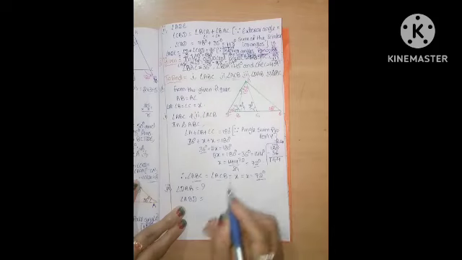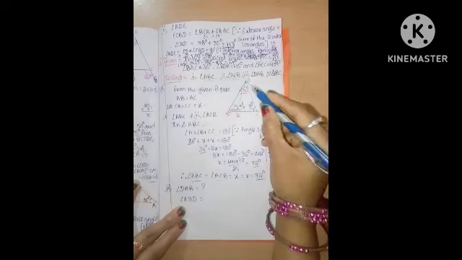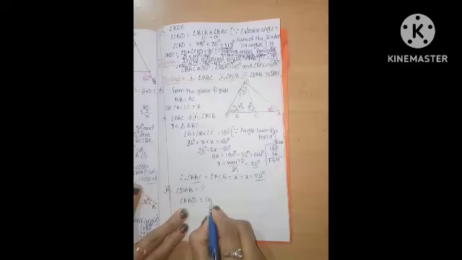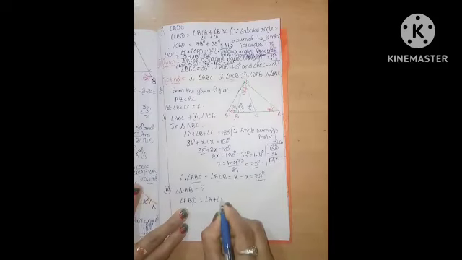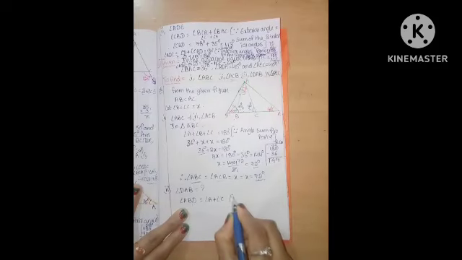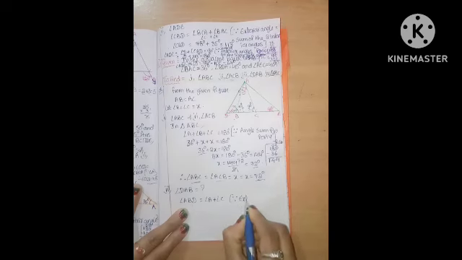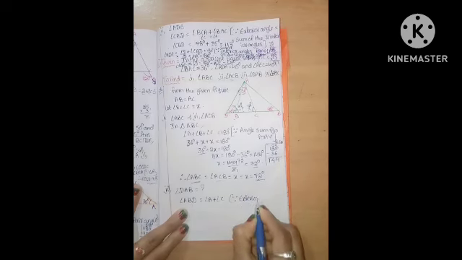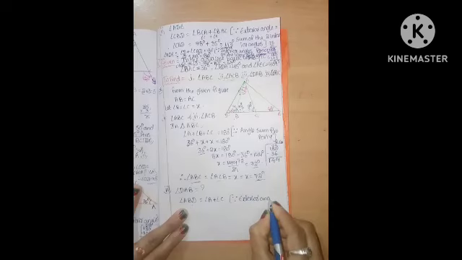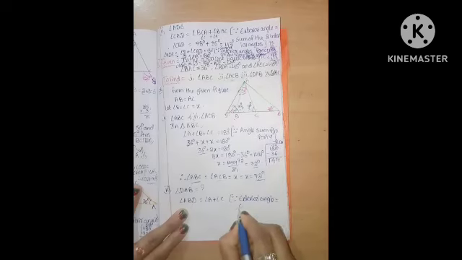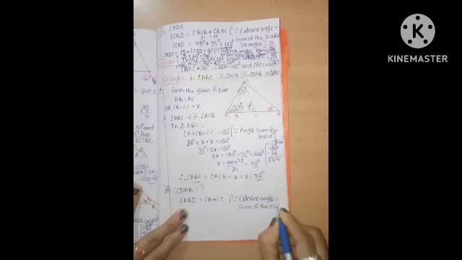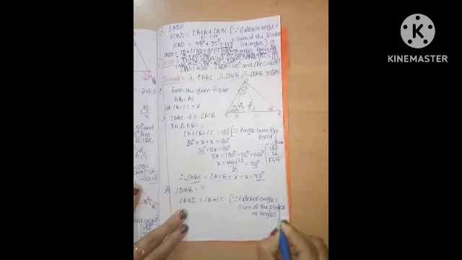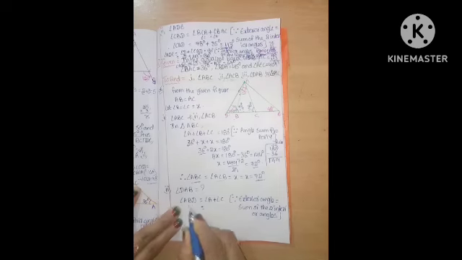The exterior angle is equal to the sum of the two interior angles. This property we are using only.